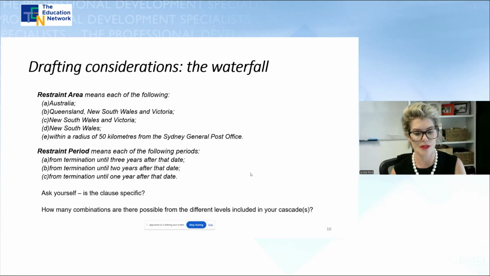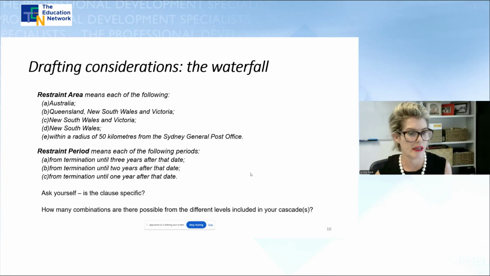Now, that might be because I'm currently operating in the eastern seaboard, but I've got people who are currently out exploring opportunities to build my business out in Perth, South Australia, and the Northern Territory. And so by the time I actually get to the point in which I'm seeking to enforce the restraint, I might actually be operating Australia-wide.